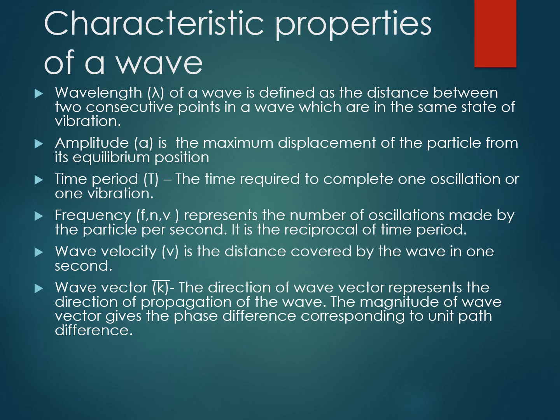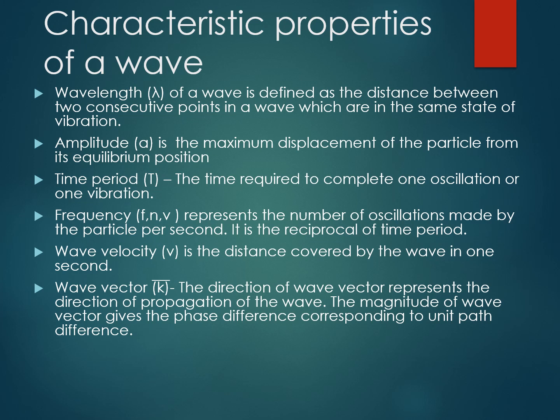Then wave velocity, denoted by small v. It is the distance covered by the wave in 1 second. Now the last one is wave vector, which is not familiar to you by its name, but you have studied the same one by another name called propagation constant. Propagation constant k is equal to 2 pi by lambda. I hope you remember.